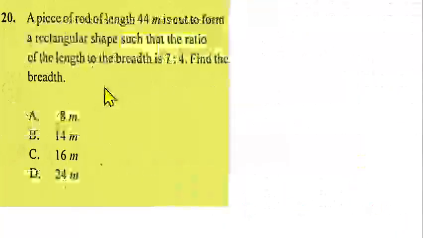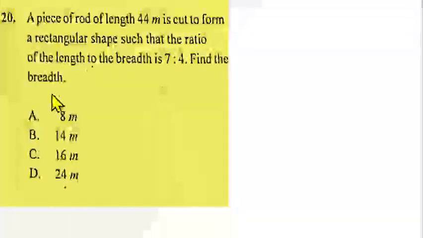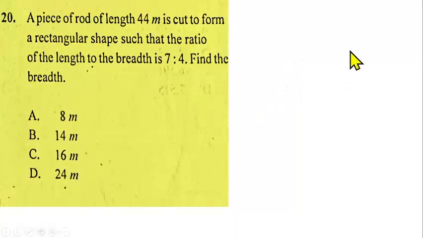Question number 20 is from mensuration of plane shapes. A piece of rod of length 44 meters is cut to form a rectangular shape such that the ratio of the length to the breadth is 7 to 4. Find the breadth.